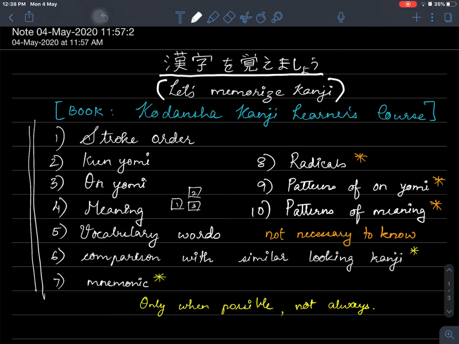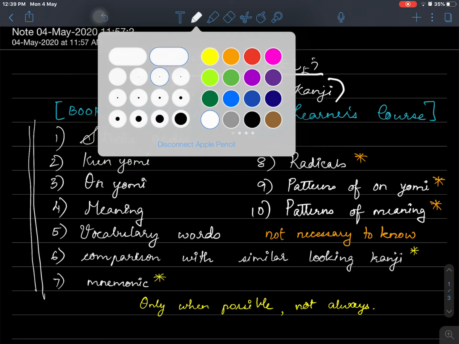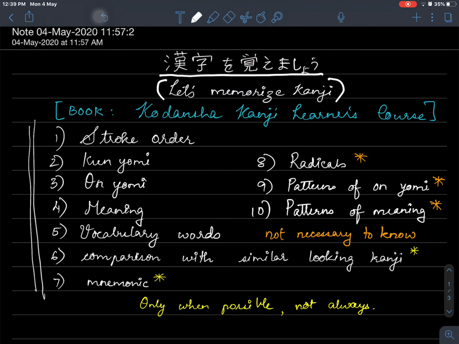So again, 8, 9 and 10, radicals, patterns of onyomi and meaning, are not necessary to know in order for one to learn kanjis and really master them. They are just something to perhaps deepen our understanding of kanjis, and maybe to develop a better appreciation for this system of writing, which is so unusual or alien to those not belonging to such cultures.